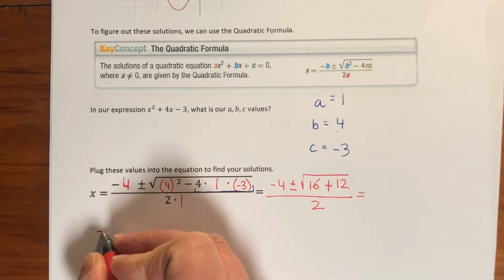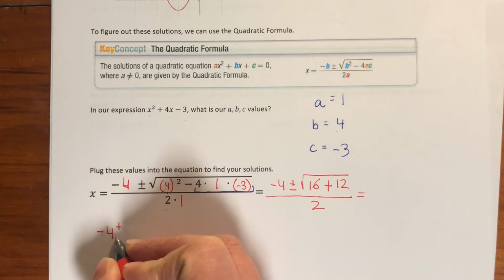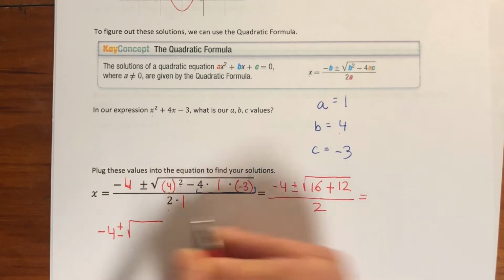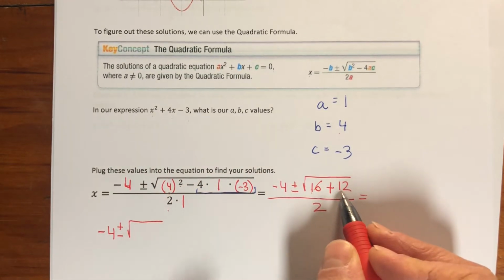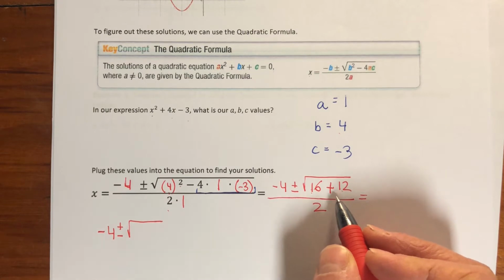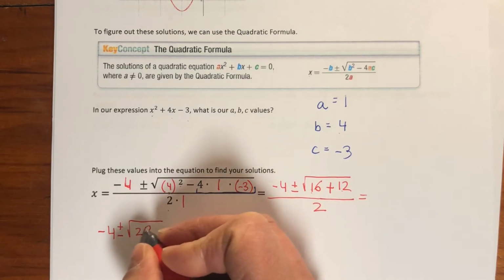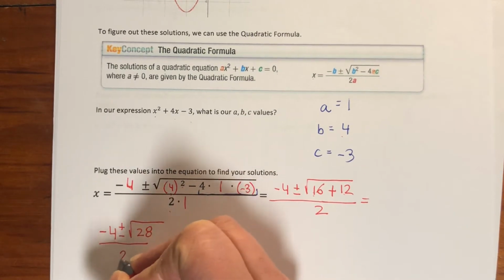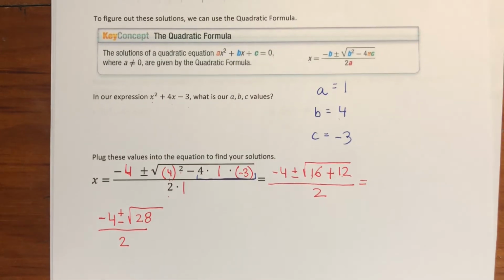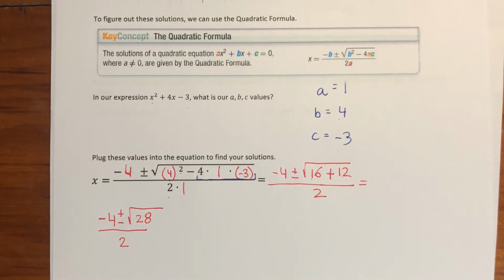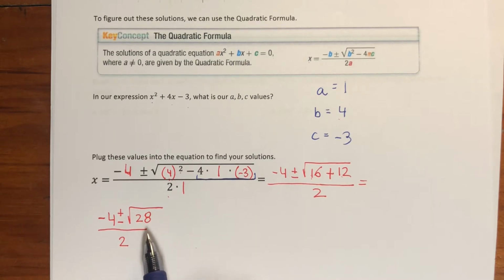So we have -4 plus or minus the square root of, well, that is 28, divided by 2. When you get to the point where it seems like we cannot simplify it anymore as far as what is under the radical, we should split it up into 2 parts, and we should also pay attention to whether the radical can be written in a nicer form.